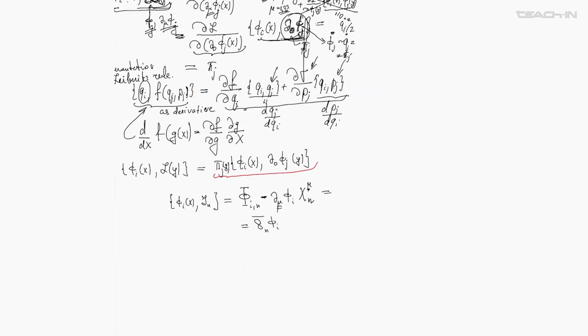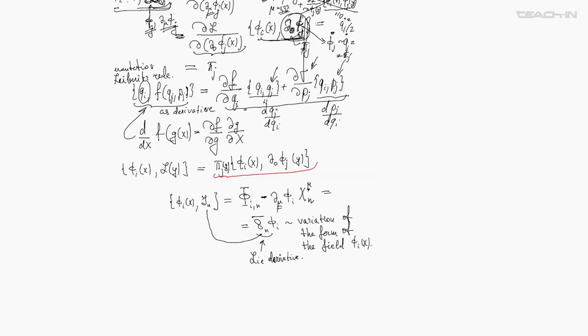So a variation of the form of the field phi_i on x. Sometimes this variation of the form in classical differential geometry is called the Lie derivative.